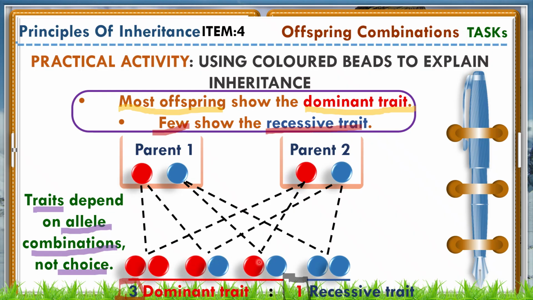Dominant and recessive, a dominant trait is going to be observed because of the combination of a dominant allele and a recessive allele. So if it is a recessive allele and a recessive allele, then we shall receive a recessive trait. That's why we are saying the traits depend on allele combinations, not choice.